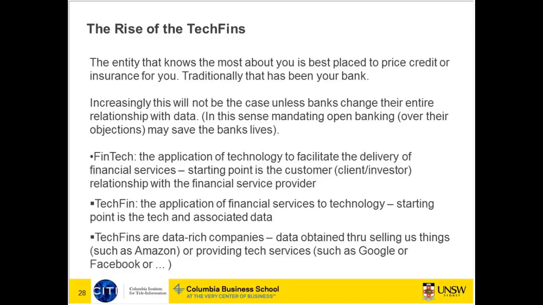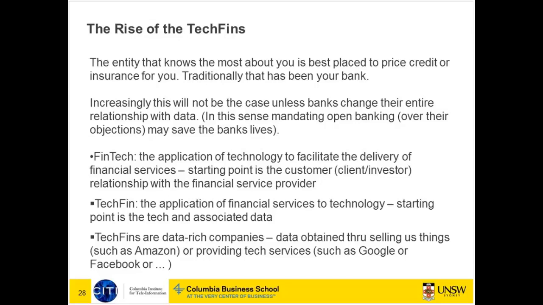But with TechFins, you start with the tech and you start with the data. TechFins, it's our little phrase, are data-rich companies. They're the companies that some people say will eventually rule the world. Google, Facebook, Amazon in the US, Baidu, Tencent, and Alibaba in China. They get the data through selling us things like Amazon, or providing technical services like Google, or social media services like Facebook, but they have incredible amounts of information about us.